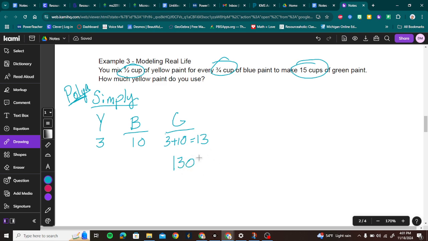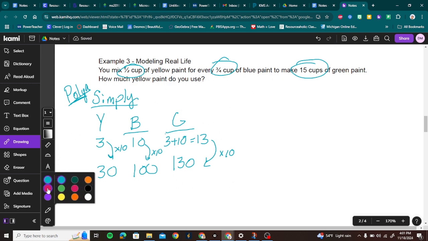If we wanted 130 cups of green paint, to go from 13 to 130, we'd multiply by 10. From 10, we multiply by 10. From 3, we multiply by 10. So 10 times 10 is 100, and 10 times 3 is 30. And 30 plus 100 is 130. So we can do this problem. If we can do that problem, then we can do this problem with fractions.